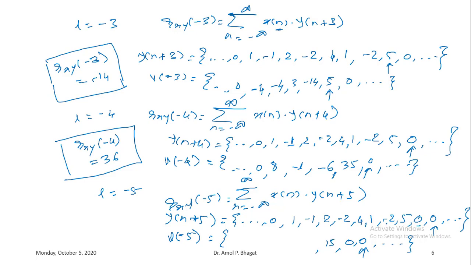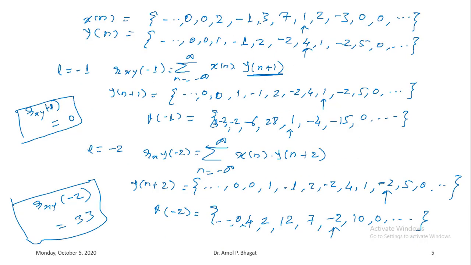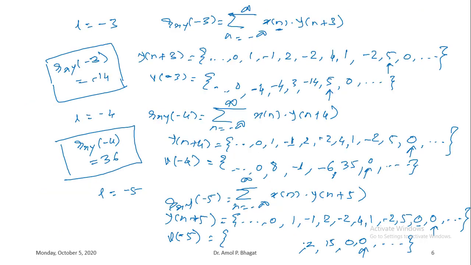Then minus 2 will get multiplied with minus 1, so it will be 2. Then 1 gets multiplied with 2, so it will be 2. Then 4 will get multiplied with 0, so it will be 0, and so on. So it will be 2 plus 2 plus 15, so Rxy of minus 5 will be 19.